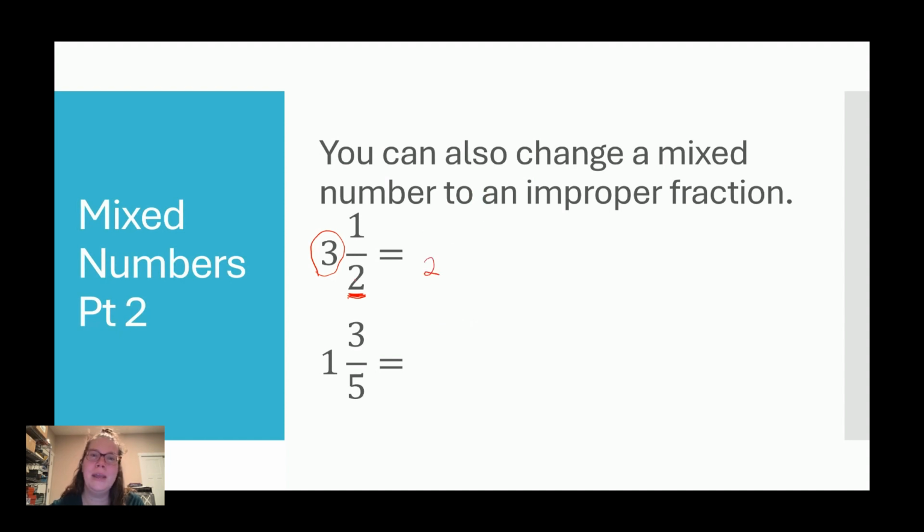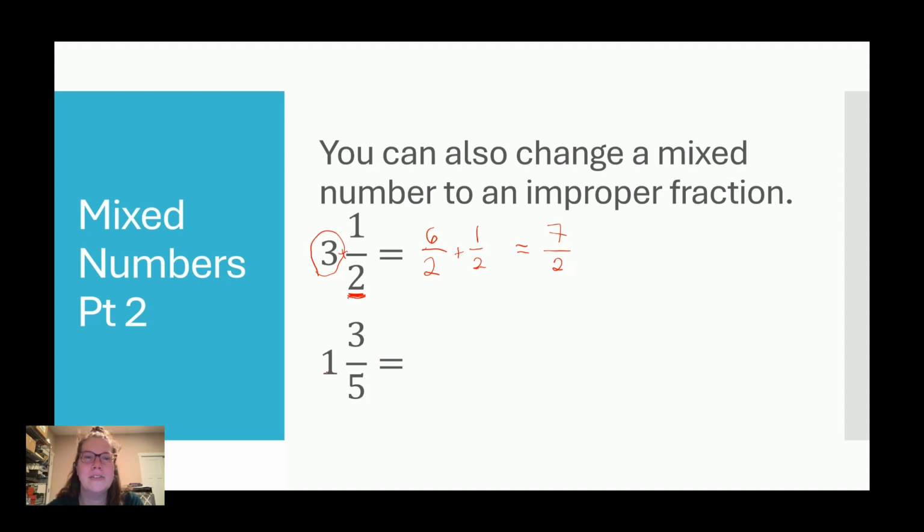And we're saying, how many 1/2s are there in 3? 3 times 2, there are 6 of them. So that 3 changed into a 6/2. I still have that 1/2. Imagine there's a little tiny plus sign right here. And then I just add these together. 7/2. Some people do this in a faster, more abbreviated version. Of course you can do that. You can do it whichever way you learned it.